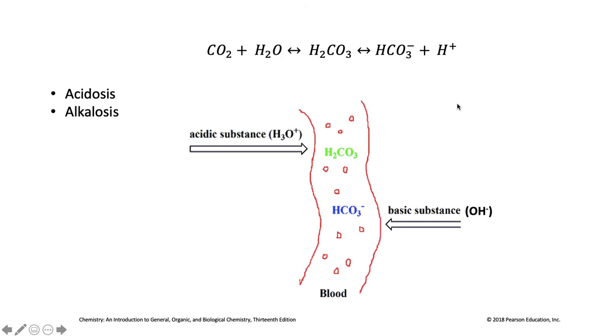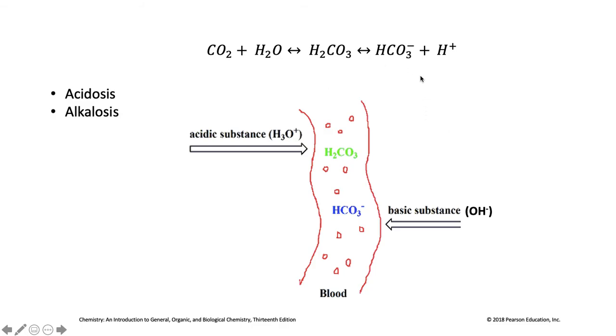During alkalosis, we have an OH minus that is reacting with H2CO3 to produce HCO3 minus, which increases the HCO3 minus concentration. Well, we can't breathe this out, but our body is created to take this HCO3 minus concentration and lower it.